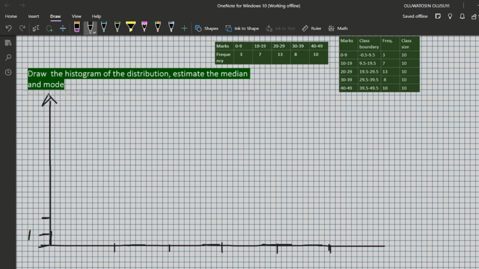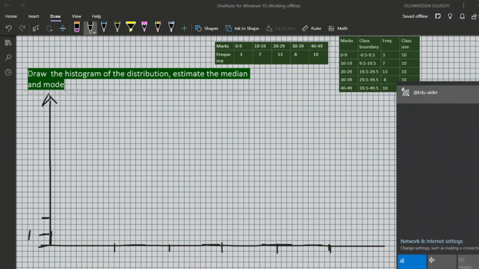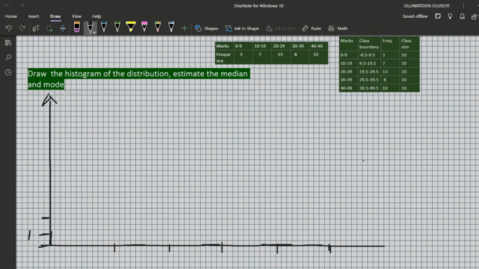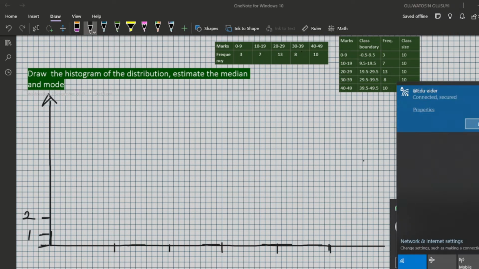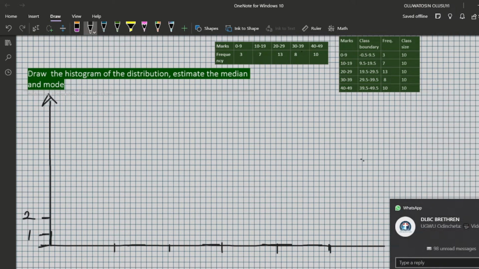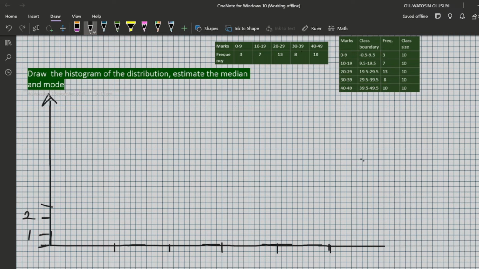Pardon me, let me adjust my network so it becomes easier for me. This is 2. Then we have this to be 3. Next line, we have 3.